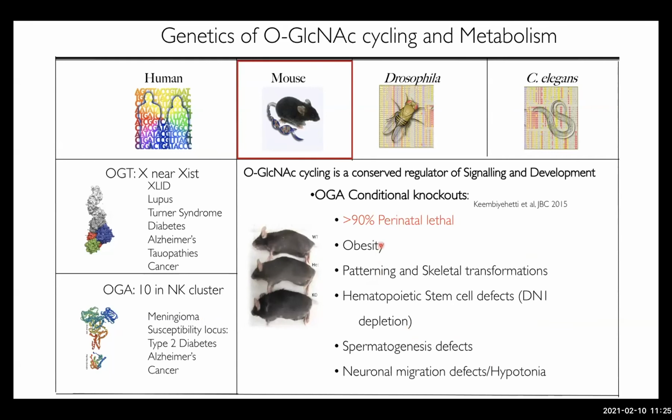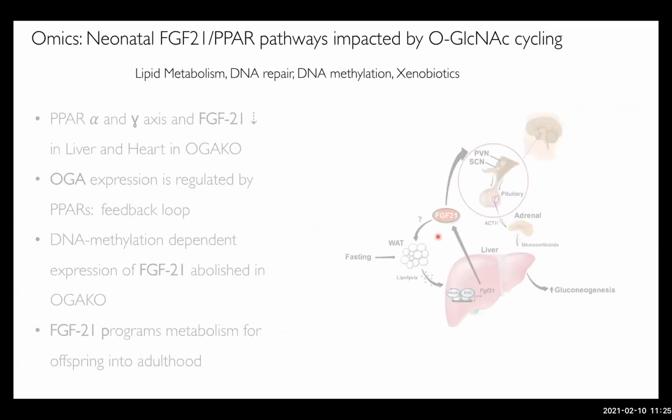They exhibit massive obesity, patterning and skeletal transformations, hematopoietic stem cell deficits, spermatogenesis defects, and neuronal migration defects. But most importantly, they're about 95% perinatal lethal. They don't make it beyond the perinatal period.